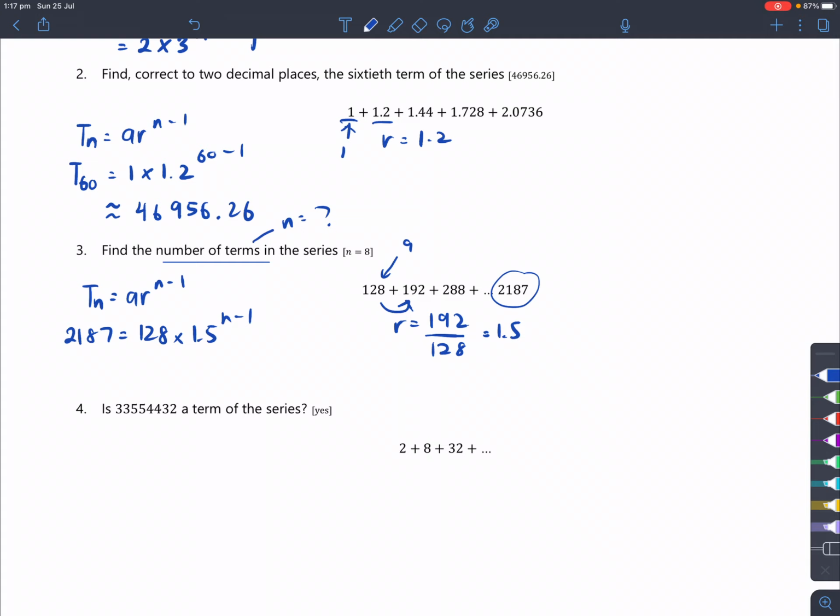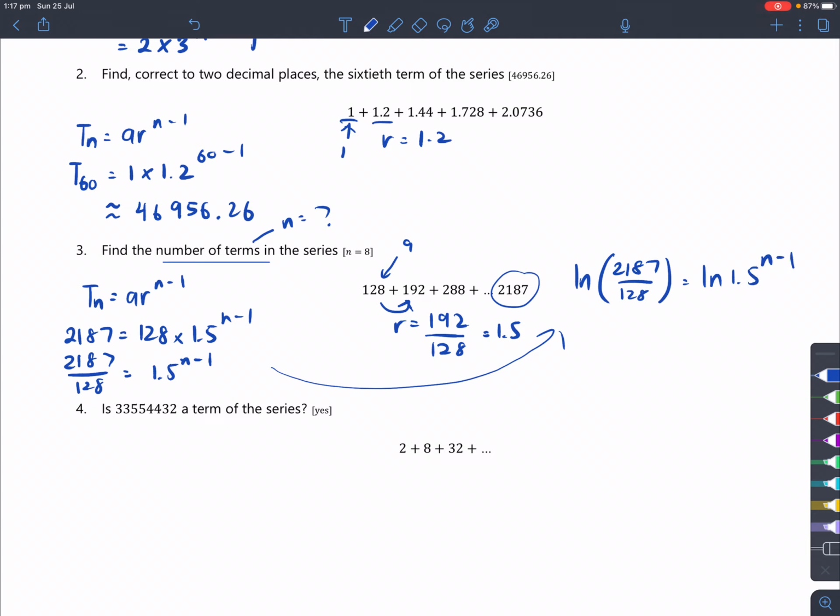it doesn't actually give us a nice number. Let me just double check that. Yeah, I've done nothing wrong. So 2187 over 128 is 1.5 to the power of n minus 1. Alright, I'll just continue here. So if I log both sides, log of 2187 over 128 is equal to log of 1.5 to the power of n minus 1.